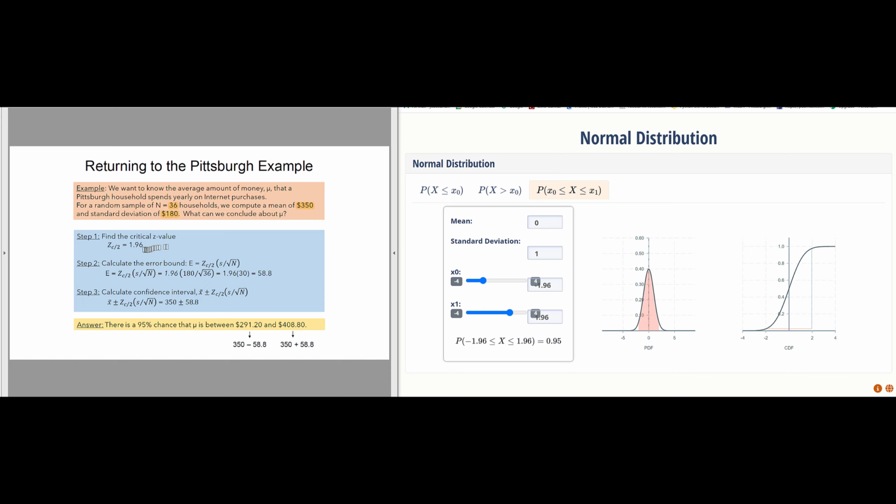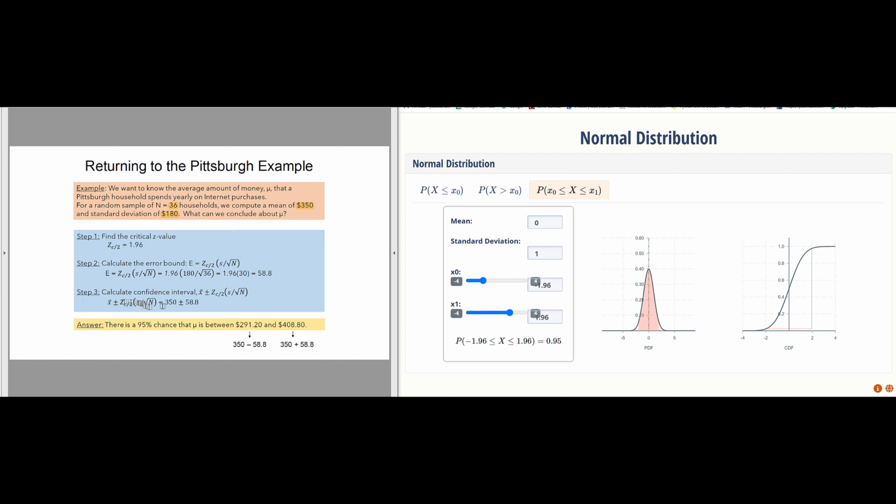And so we want a 95% confidence interval, so we use our z-score of 1.96. Our error bound is therefore 1.96 times the population standard deviation, which is the sample standard deviation over the square root of n.